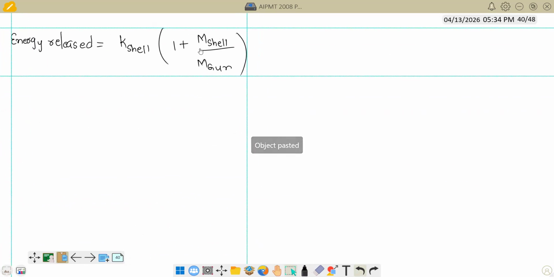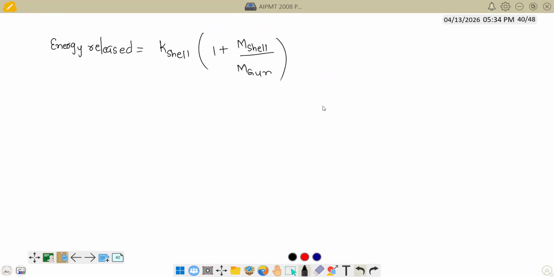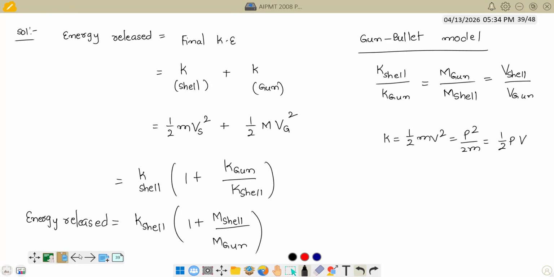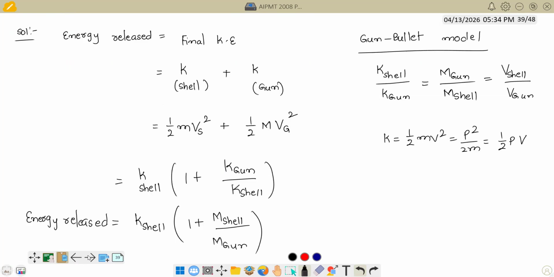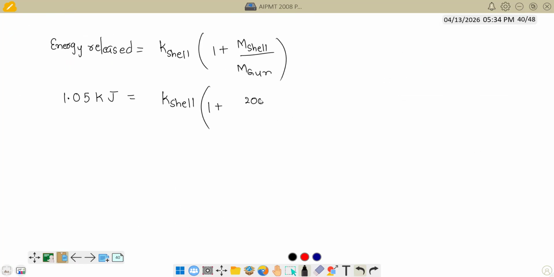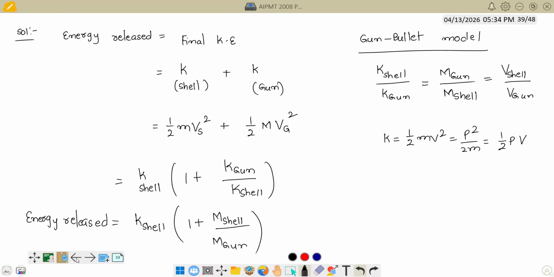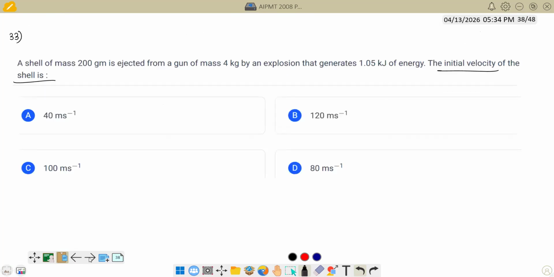So if I take it to the next page, energy is given as 1.05 kilojoule, which equals the kinetic energy of the shell into... Mass of the shell is given as 200 grams. 200 grams means 200 by 1000 kg, into mass of the gun, which is given as 4 kg.